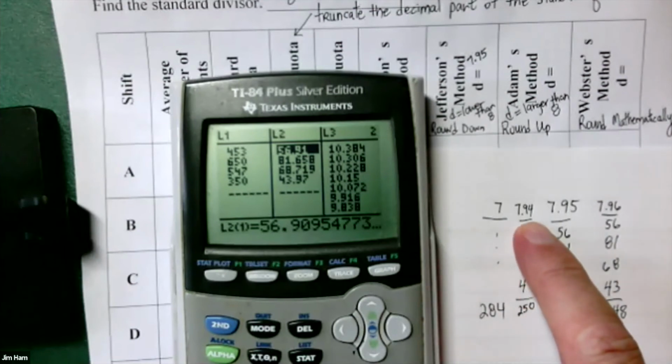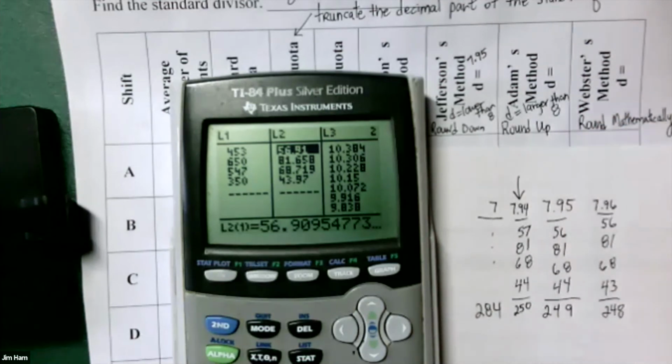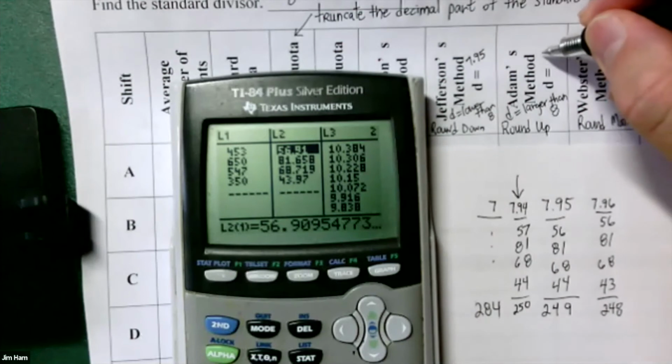For example, you know that 7.94 will work. So maybe 7.941 will also work, or 7.939 will work. So there's probably a whole variety of ones. But what we do know is that 7.94 does work. So that's the number we're going to put here.